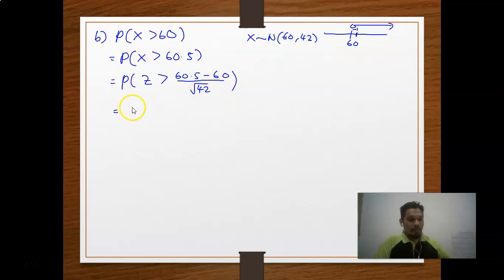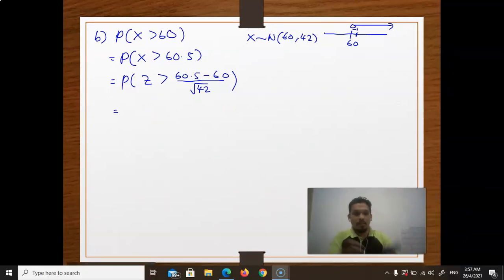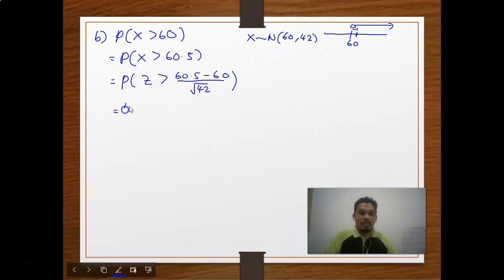Okay, what do we get then? 60.5 minus 60 divided by square root of 42. I do hope that all of you can see. This is equal to 0.0771.